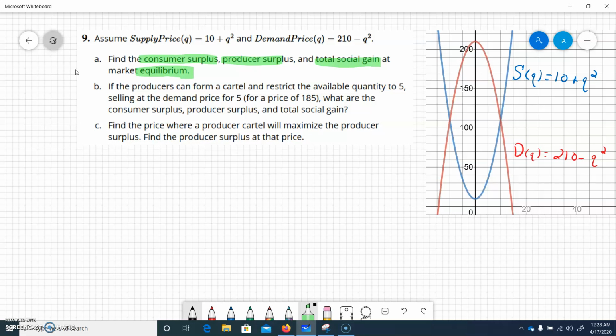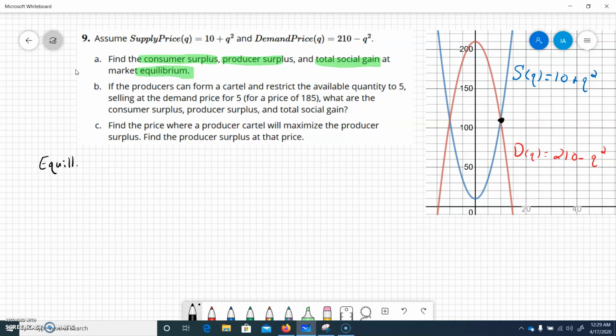Now, it may not be too hard to look at the graph and see that the equilibrium point is over here, but as far as looking at the graph, that's kind of a guess. You might come up with what looks like 10 and 110, and that is possibly right, but let's make sure we get it correctly.